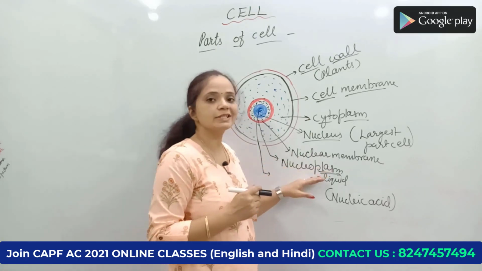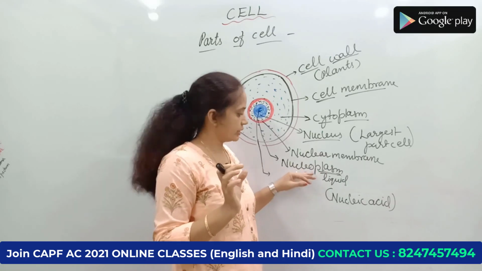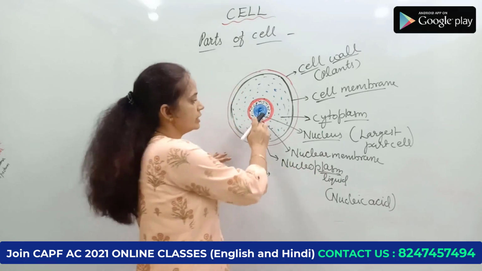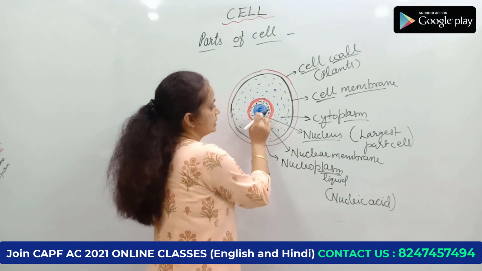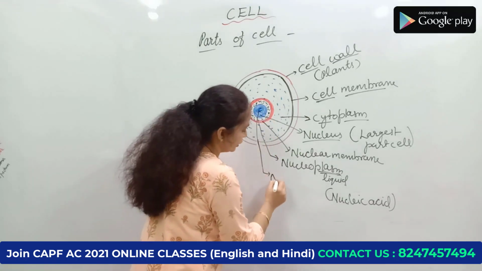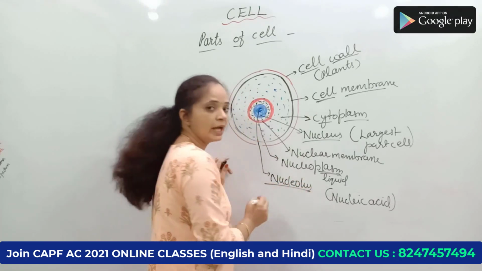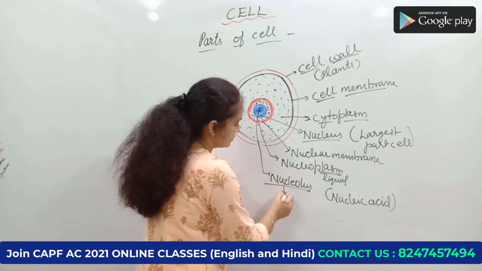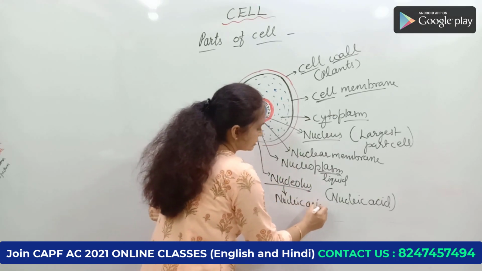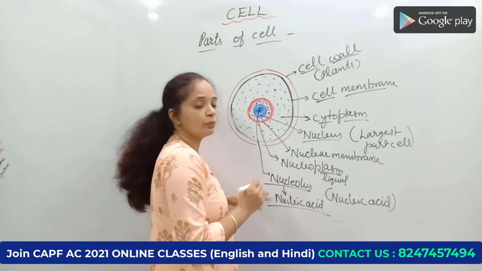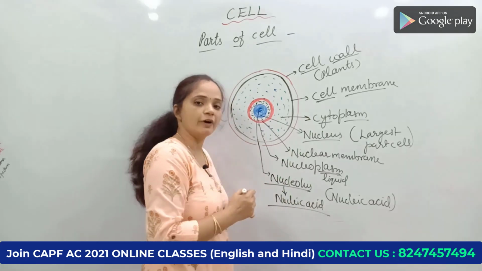Then the middlemost part, this center part, is called the nucleolus. This nucleolus is made up of nucleic acid. Let's learn what nucleic acid is, its different types and their functions.